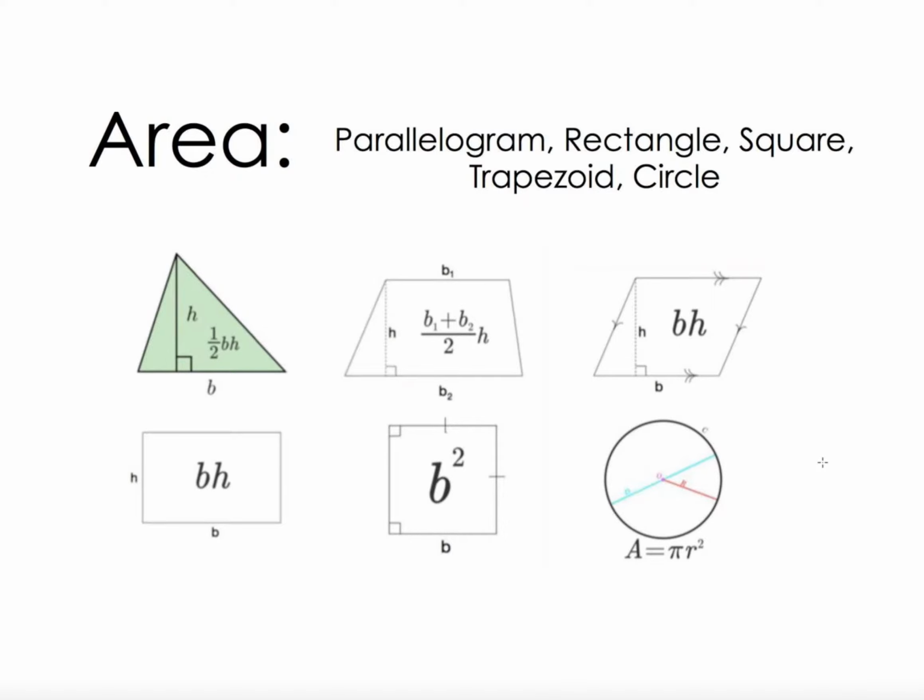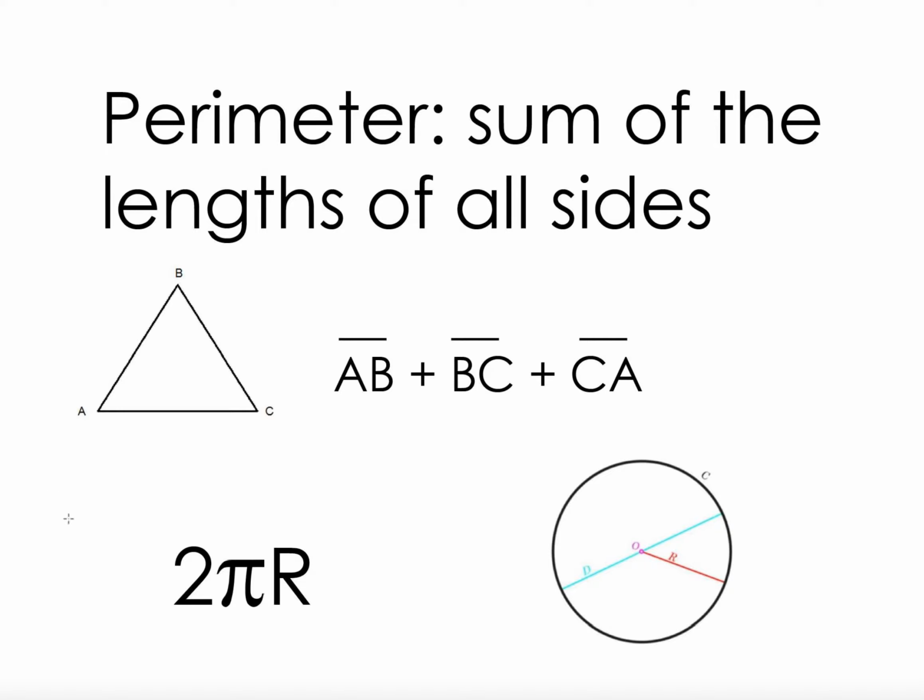Something a little bit easier to keep in mind, but just a quick refresher just in case, is the perimeter formula. For any single figure, no matter how many sides, all you want to do is just add up the lengths of all the sides of that figure, and you have the perimeter. Now for circles, rather than a perimeter, we're going to be dealing with something called a circumference. A circumference is going to be the length of what would have been a line or a belt that you would wrap around the circle that you're considering.